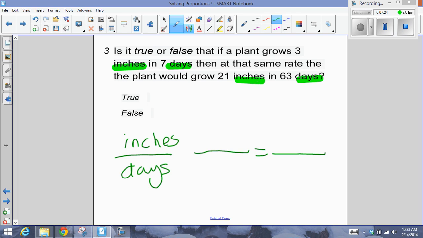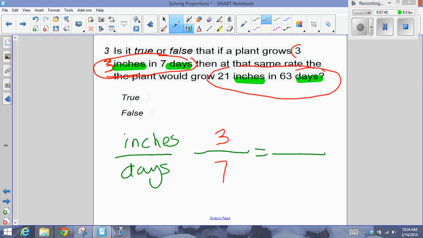Okay, so now I'm ready to set up my proportion. This one is the first one, right here. 3, I'm going to write this 3 down here so we can kind of see it all together, okay? 3 inches in 7 days. So inches go on top, days go on the bottom. And then I have this one down here that is 21 inches in 63 days. Now, I don't have an X here, but it just asked if it was true or false. So what they want us to do is find out if this is a proportion.